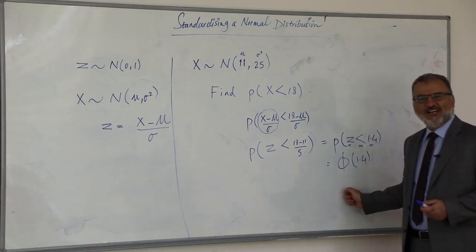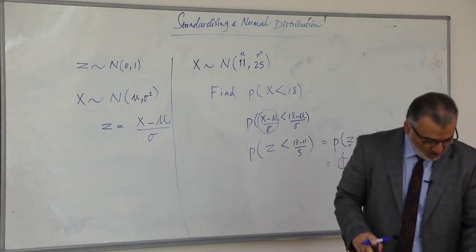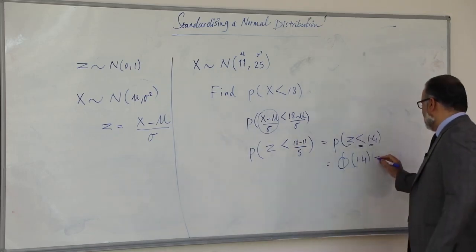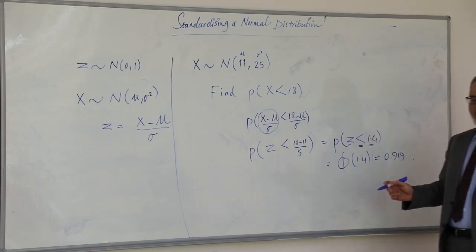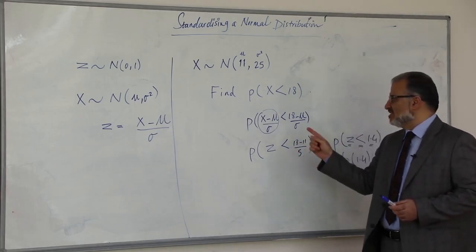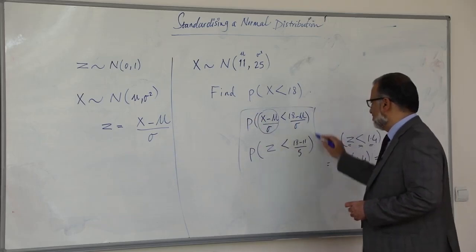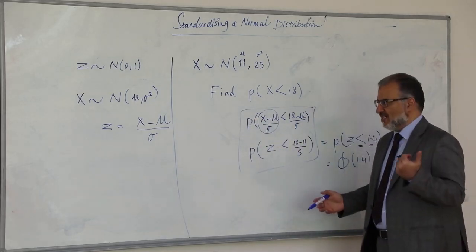Now we can go directly to the tables on page 222 to find the value. You will find that it is 0.919. So the new point today is just the standardization in this step, while the other steps we already studied together in previous lectures.